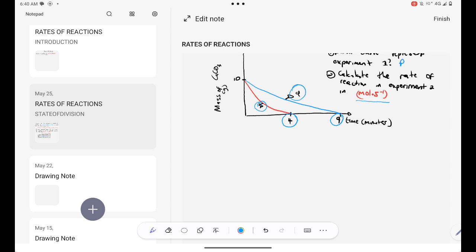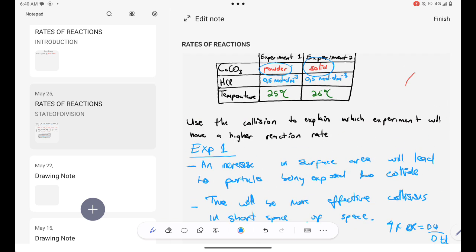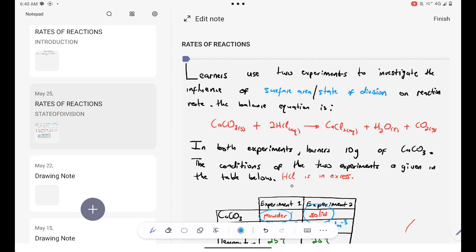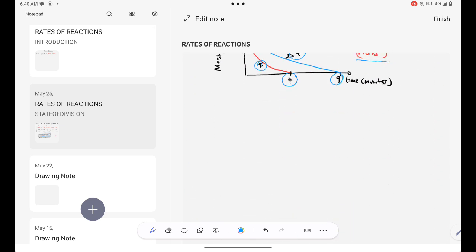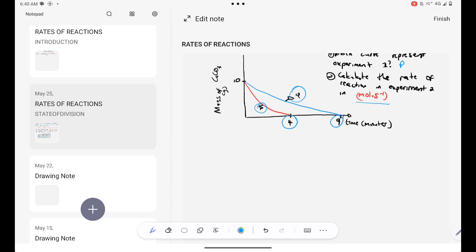Since I was told initially that the hydrochloric acid is in excess, that simply means that my calcium carbonate will be used up completely. Are you together? So it will take 9 minutes for the calcium carbonate to be used up completely in experiment 2.